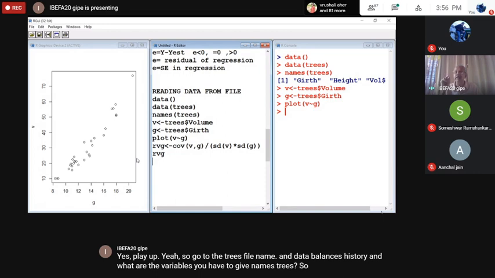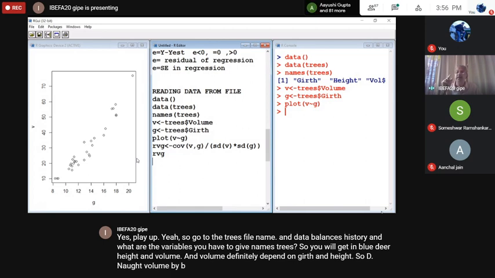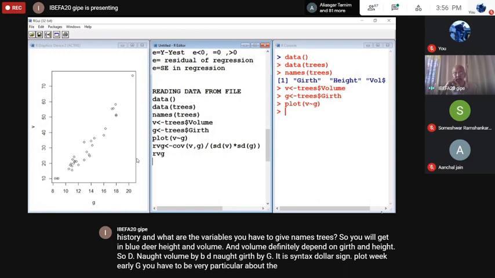So you will get in blue girth, height and volume. And volume definitely depends on girth and height. So denote volume by V, denote girth by G. Pick the syntax dollar sign. Plot V curly G. You have to be very particular about the letters and the syntax of each.